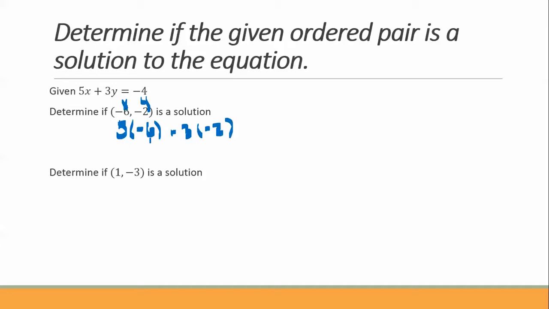Notice when I'm putting in a negative, I'm making sure to put it in parentheses so I remember to multiply it by the whole thing. So we have 5 times negative 6, that's negative 30, plus 3 times negative 2 is negative 6. Negative 30 plus a negative 6 is negative 36. So this one is not a solution.